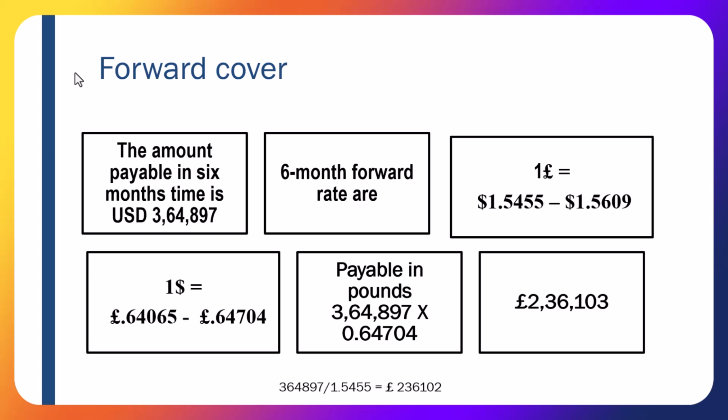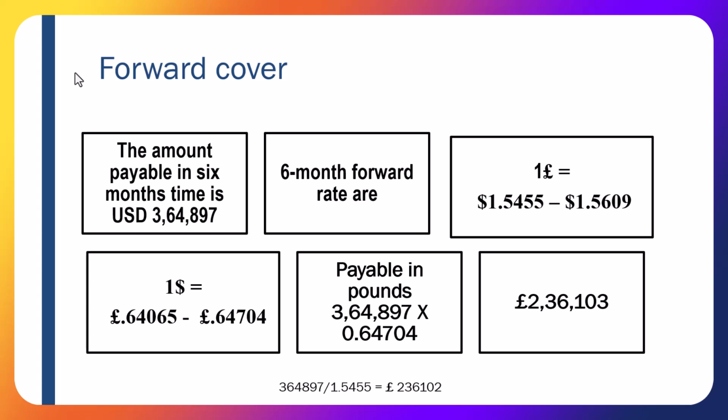When you go to the dealer, he'll give you a two-way quote, bid and ask. Suppose you have gone to a dealer and he says it is like this, 86, 87. This is the bid rate and this is the ask rate. This is the rate at which the dealer is going to buy from you, or you are going to sell your dollars at this rate.